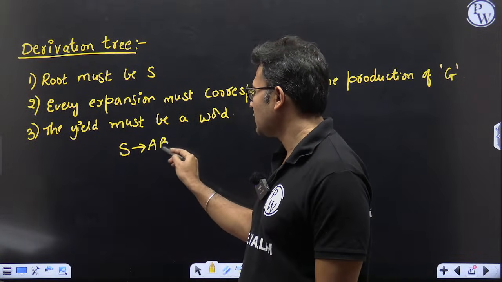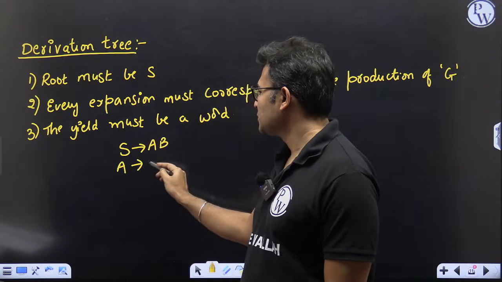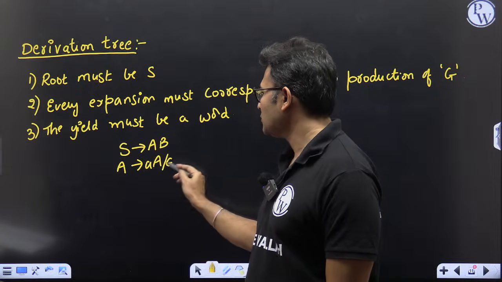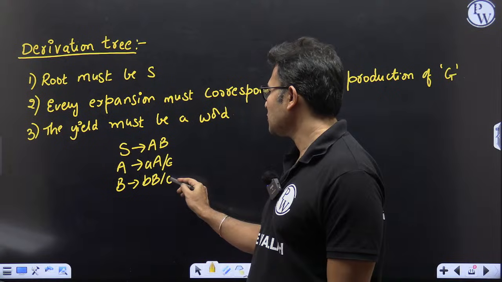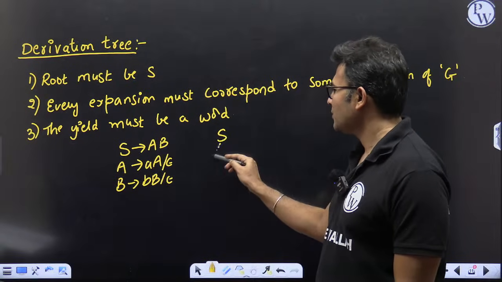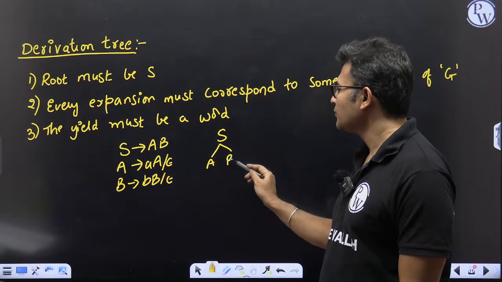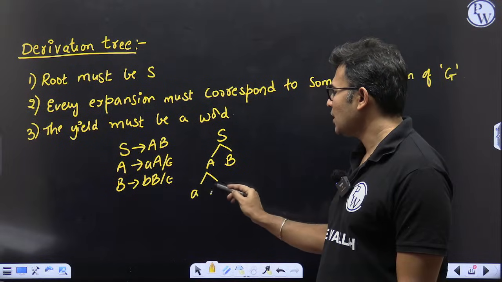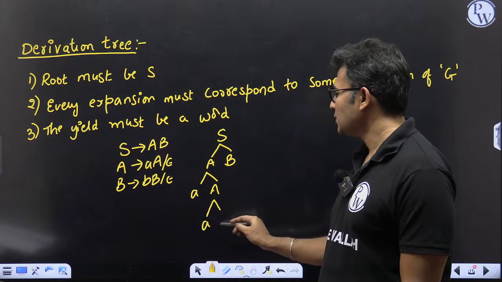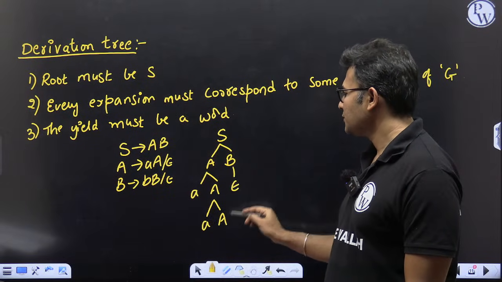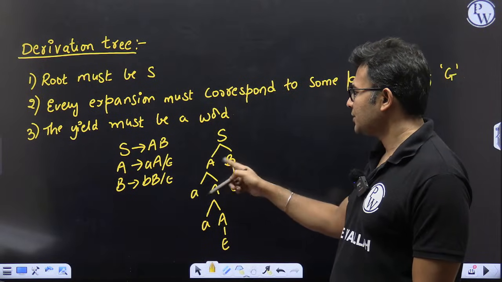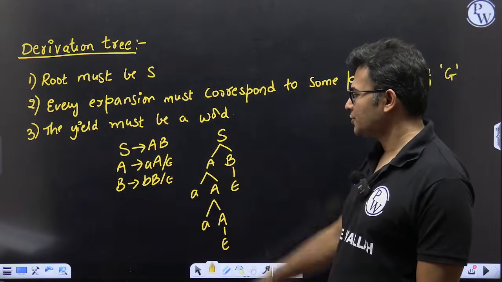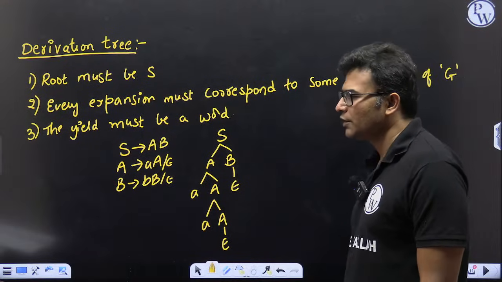Let us say S derives AB, A derives AA or epsilon, B derives BB or epsilon. So S derives AB, A derives AA, A derives AA, B derives epsilon. This is a derivation tree, and every expansion corresponds to a production here.